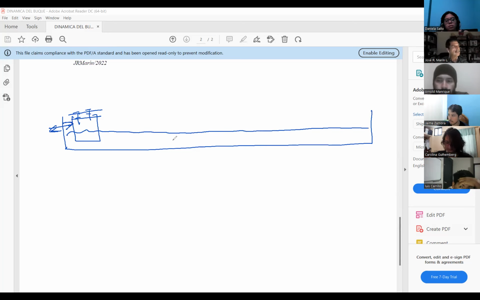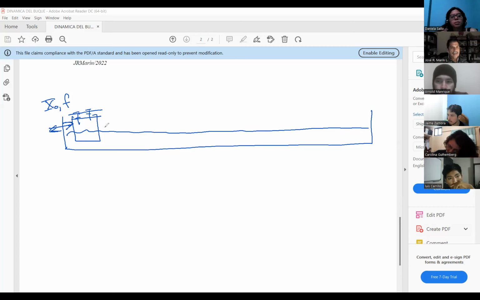The water level. This motion is going to be controlled, so we call it an amplitude and a frequency. Please remember, this is the amplitude of the motion in the horizontal direction.